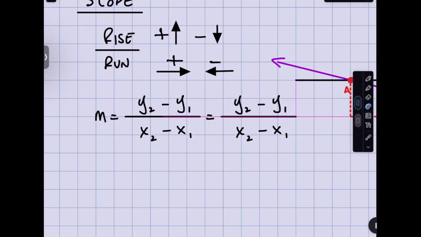All those numbers, those subscripts that you see there, are only for the sake of keeping things in order. It's saying, if you use the y value of the second point first, then you've got to use the x value of that second point first as well. There's no playing fair. It is what it is. Now, if you use the y value of the first point, then you've got to use the x value of the first point first as well.